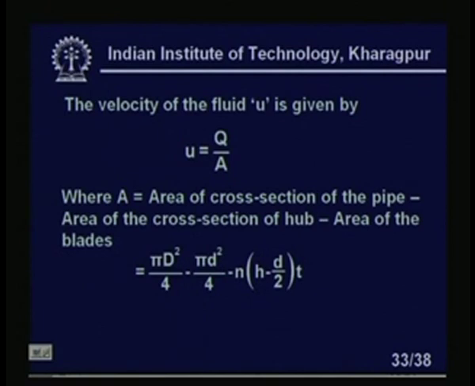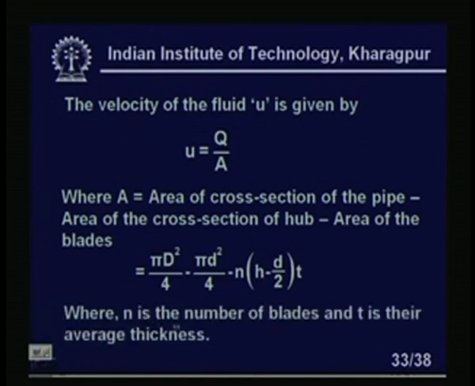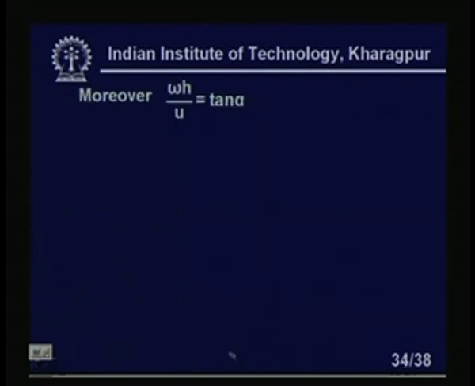So, this is our expression: pi d square by 4 is the total area of cross section of the pipe, minus the area taken by the hub, minus the area taken by the blades, right, where n is the number of blades and t is their average thickness.